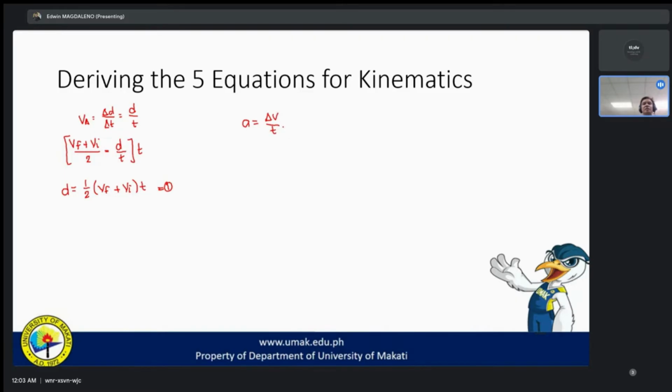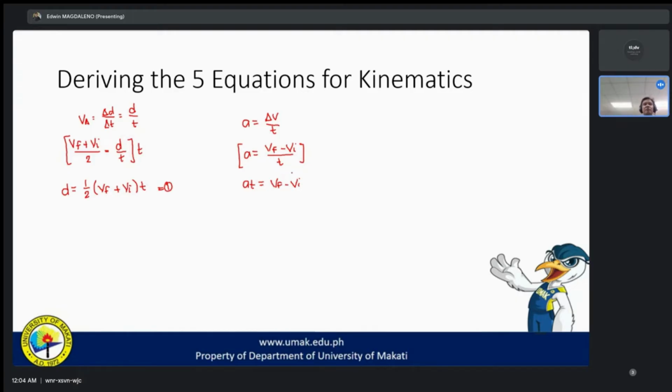So what is the change in velocity? The change in velocity should be the final velocity minus the initial velocity, divided by time. So rearranging, or multiplying everything by time, we have acceleration multiplied by time equal to final velocity minus initial velocity.